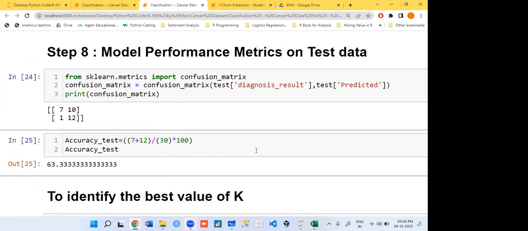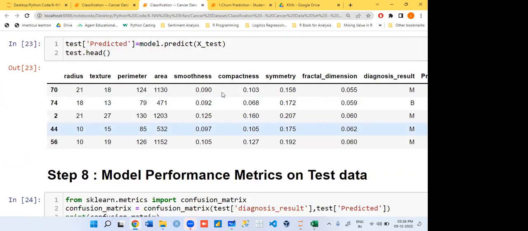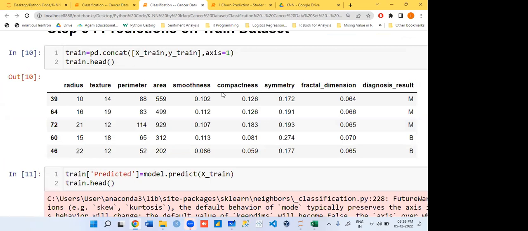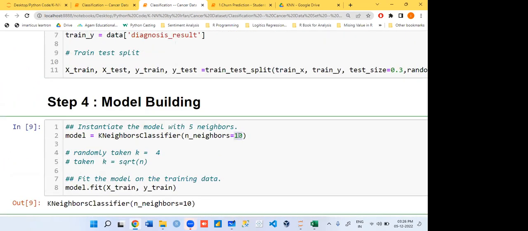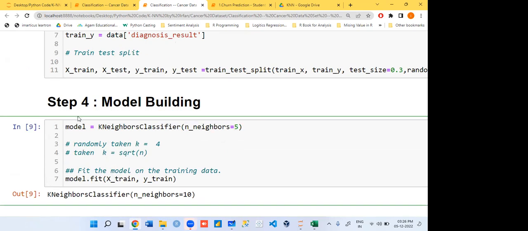Let's try with random. Can you say any value of k? I wrote 7, so don't say 7, say some other number. 5. This is how you study from here. Okay? I have taken k value as 5.